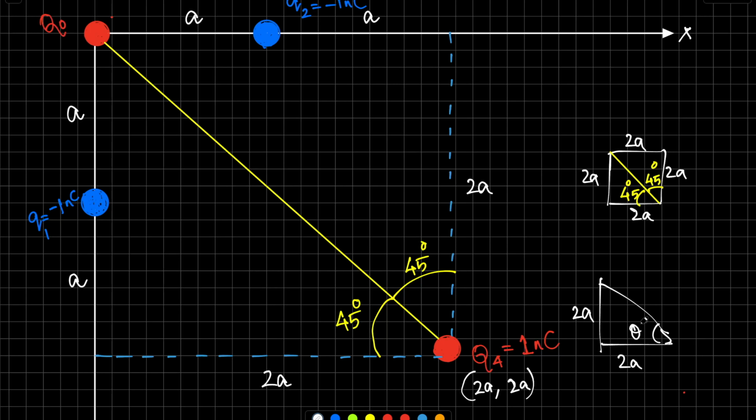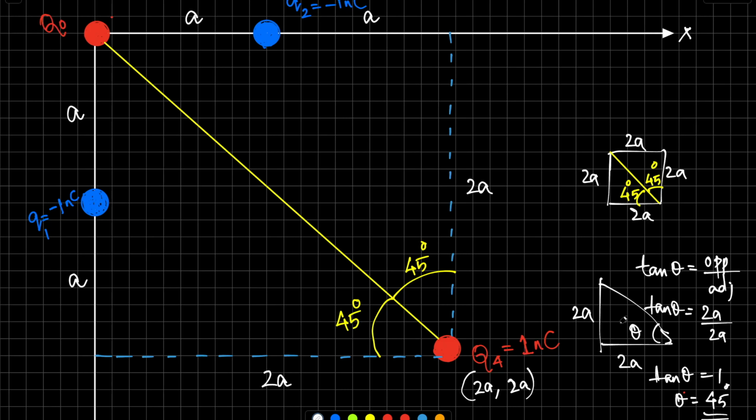We are finding this angle theta. So we have the opposite side and the adjacent side, so we use tan. Tan theta equals opposite over adjacent. Tan theta equals 2a over 2a, which is 1. Theta equals tan inverse 1, which is 45 degrees.